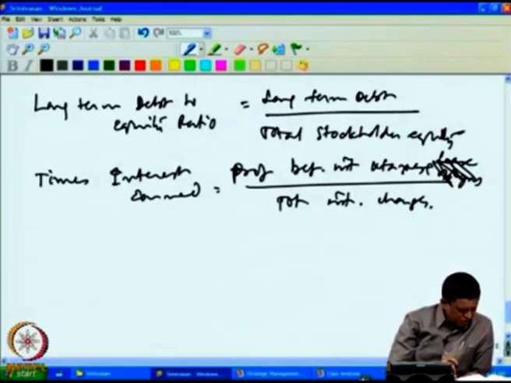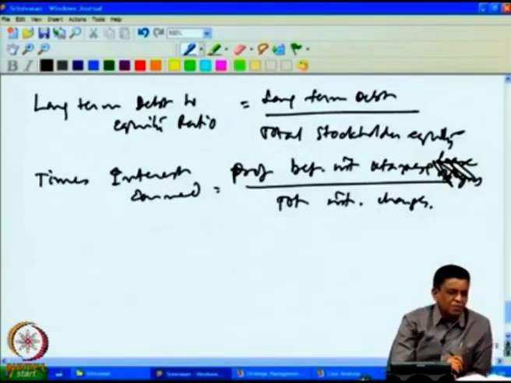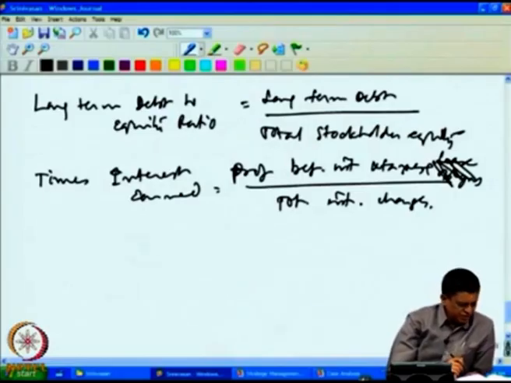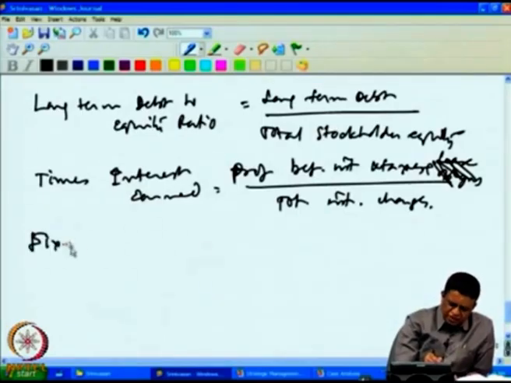Now, let us say you want to make this a little more stringent. You want to look at it in a little more stringent way, that is, you want to see by how much the charge is getting covered. That is the fixed charge coverage.